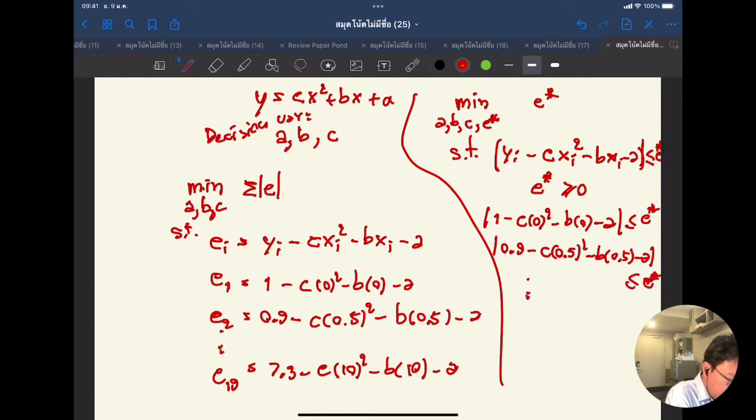You repeat it until you get the last one. The last one is 7.3 minus c 10 square minus b 10 minus a, absolute of it, less than E star. You repeat all these things. That's it, it is done for the curve fitting problem.